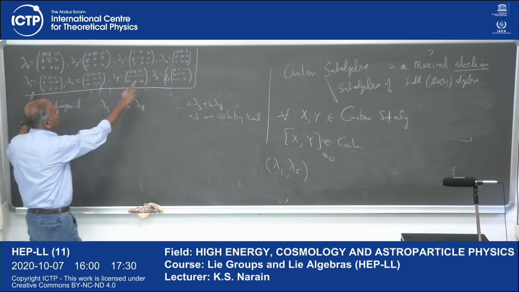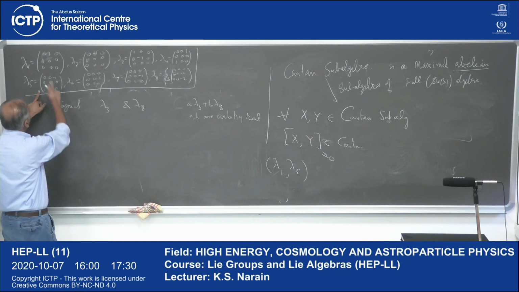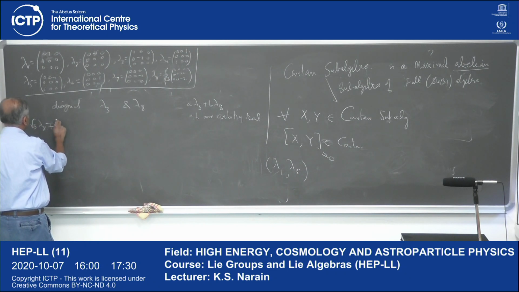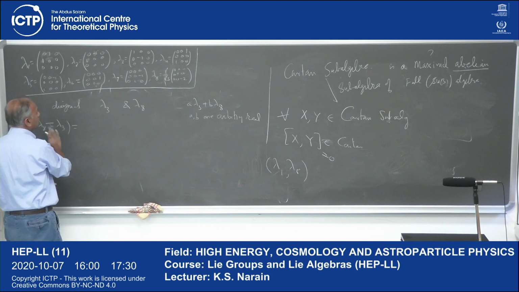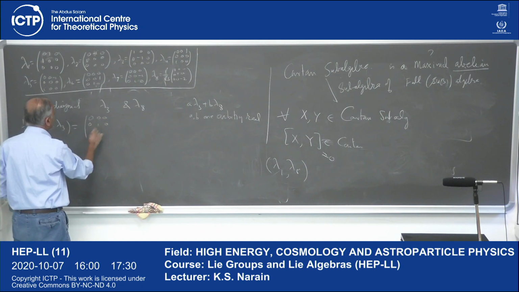Similarly, if you look at these two, lambda 4 and lambda 5, they will commute with one combination of lambda 3 and lambda 8. So let me write down those two combinations. Root 3 lambda 8 minus or plus lambda 3, over 2. For the minus sign, we already said it is 0, 0, 0, 0, 1, 0, 0, 0, minus 1.